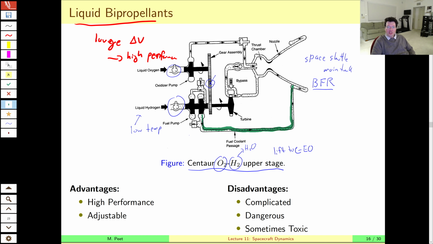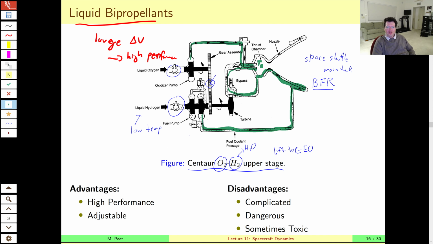And it's actually so low temperature that it's used as a coolant to prevent the nozzle from burning. And then it heats up the propellant a little bit, which is okay because then it gets combined here with the oxygen, and in the expansion chamber, it produces a high temperature. Right.